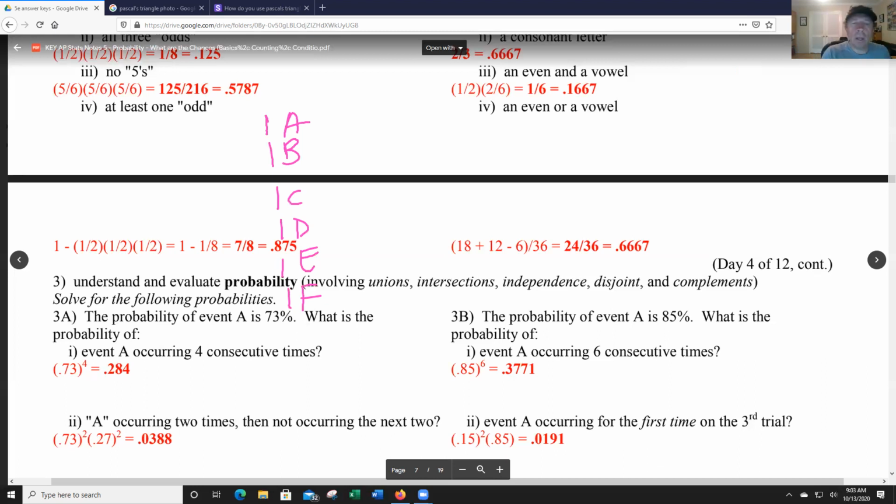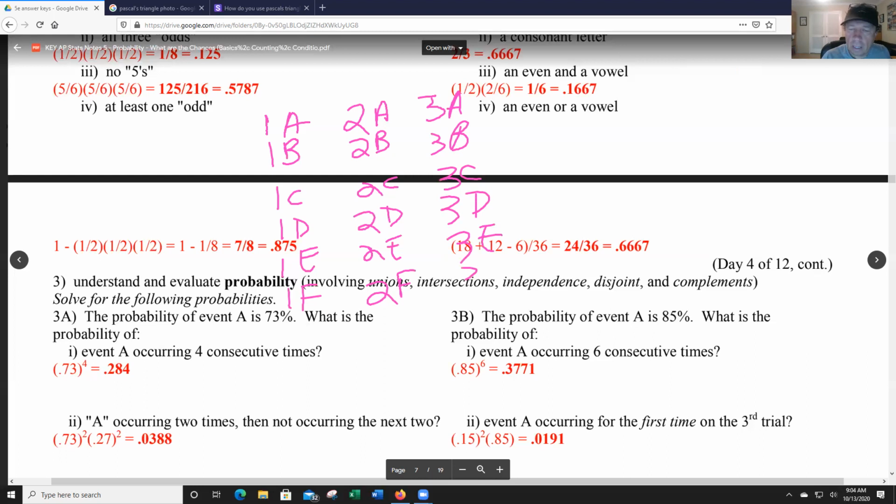Here we go. 2A, 2B, 2C, 2D, 2E, 2F. 3A, 3B, 3C, 3D, 3E, 3F. Oh boy. 4A, 4B, 4C, 4D, 4E, and 4F.